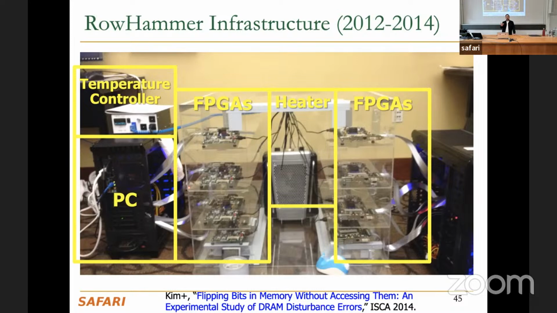It's DDR3 because these tests were conducted in 2012 and 2014, the DRAM of that time. You have a host machine connected to these FPGA boards that runs these tests, collects the experimental data, and processes it. And we have a commercial temperature controller where we set the temperature, and it runs a heater on these plexiglass containers, essentially heat chambers, to heat up the chips so that we can test them at different temperatures in a stable way.